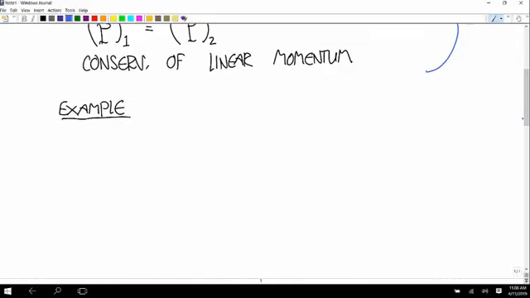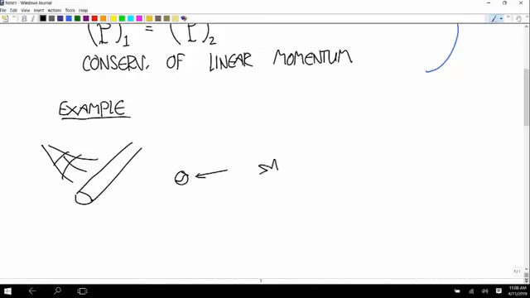Okay, so our example says, here's a bat. It's swinging this way. The ball's coming in this way. And then, pow.